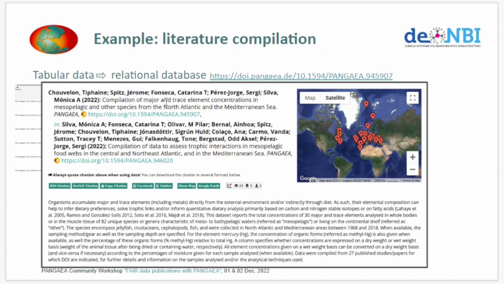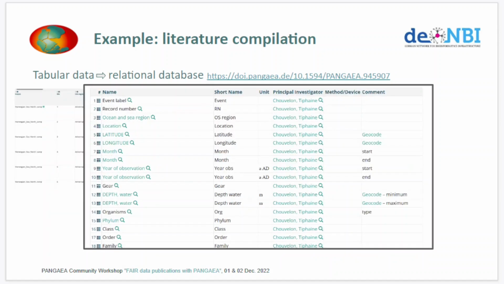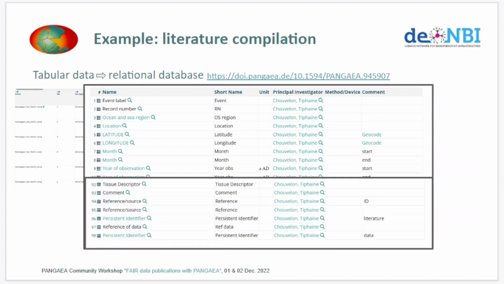So this is the title and the authors of this dataset, which is part of this collection. This is the table of parameters given at the long name, short name, and units, and the principal investigator. In this example, it's a rather long list.